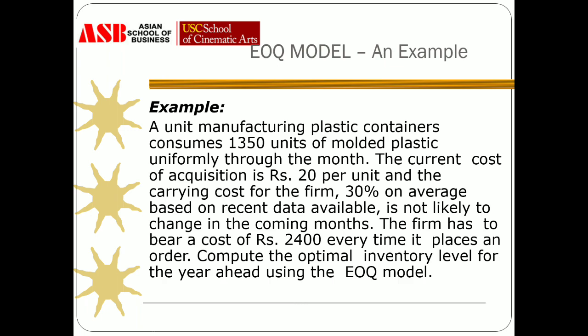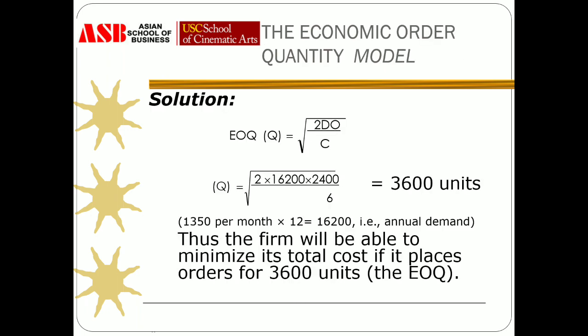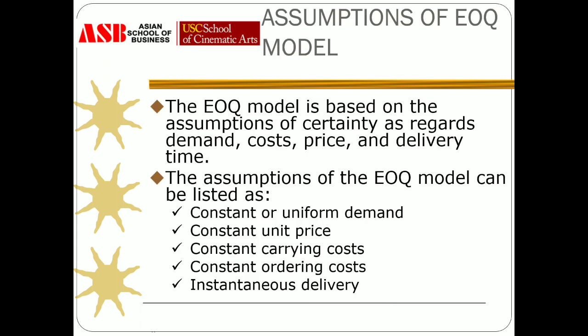So it is 30% of 20 rupees, which is 6 rupees per unit. By putting all these values in this formula, we have calculated the EOQ, that is 3600 units. It means in one single order, the number of units to be ordered is 3600.